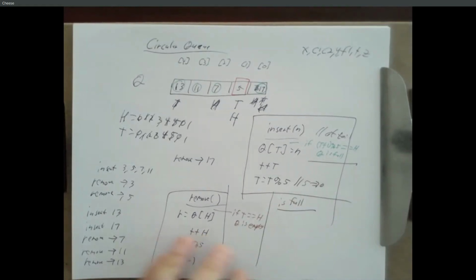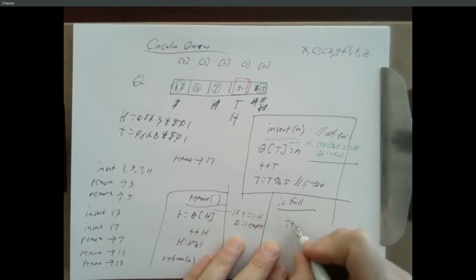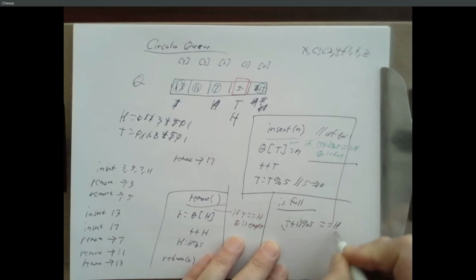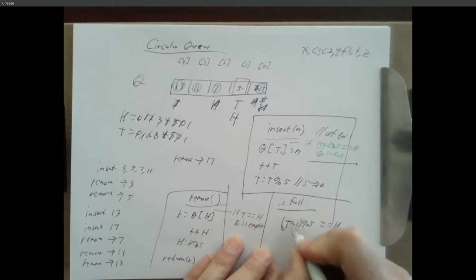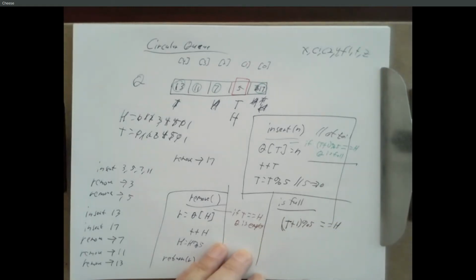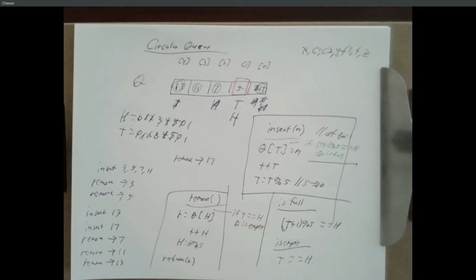Is full is just T plus 1 modulo 5 equals head. And is empty is just T equals H. And that's pretty much all you need to implement a queue.